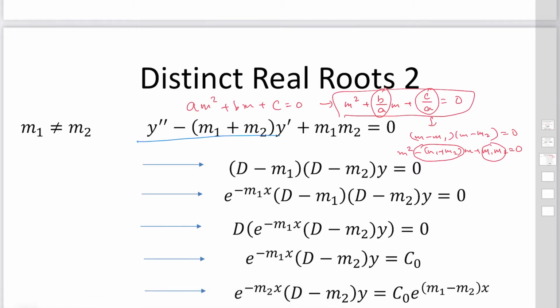The equation is expressed as y'' minus (m1 plus m2) y' plus m1 m2 y equals 0. If we use the differential operator capital D, it is (D minus m1)(D minus m2) y equals 0.